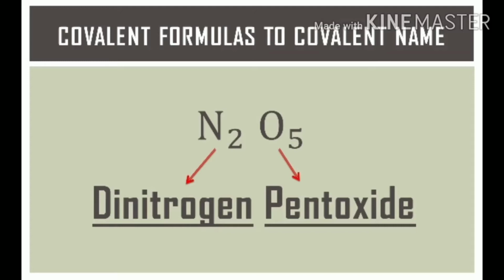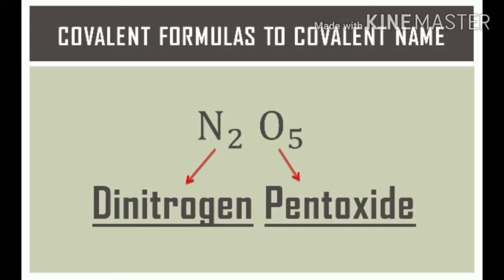It is because N, nitrogen, has a subscript of 2, which is di. So we're putting the prefix di before the name of the element, which is nitrogen. So the first element is dinitrogen.